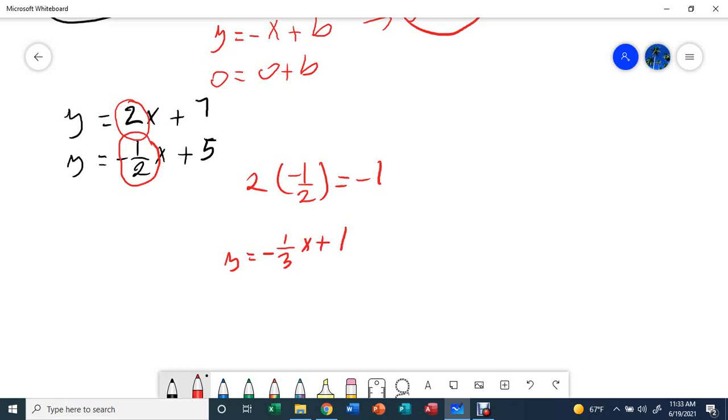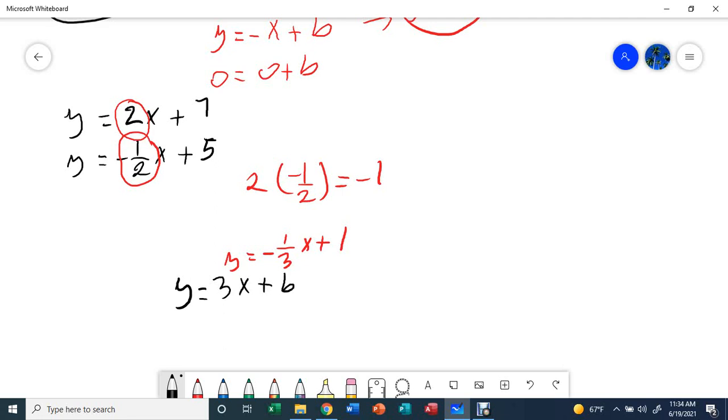So perpendicular to the first line with the slope of -1/3, that means my second line should be with a slope of +3, 3x plus b. And we are told that's the point (1, 1). It's on the line.